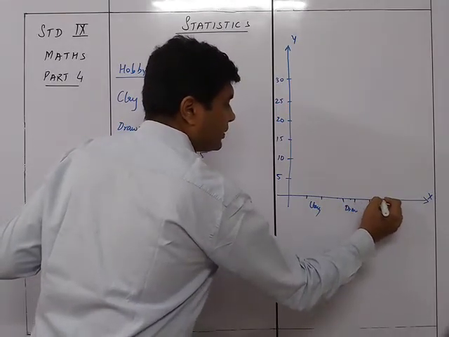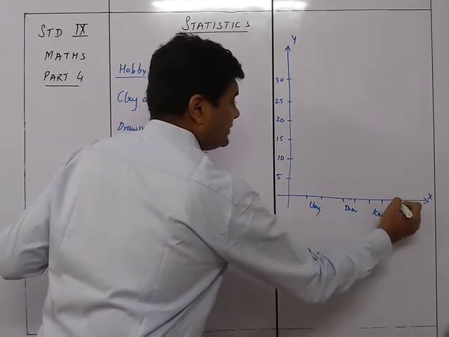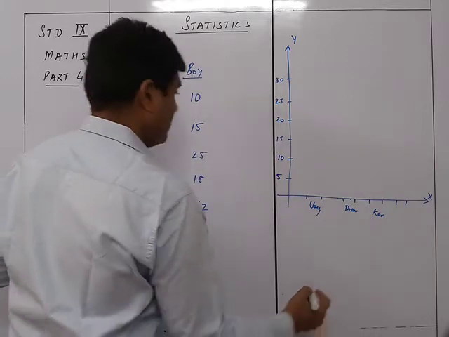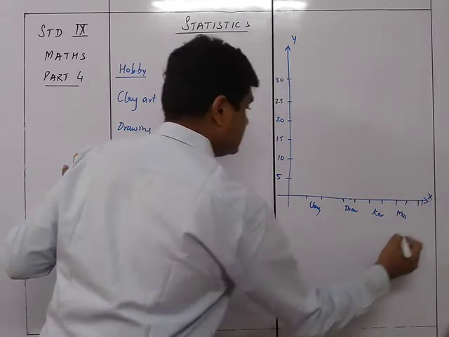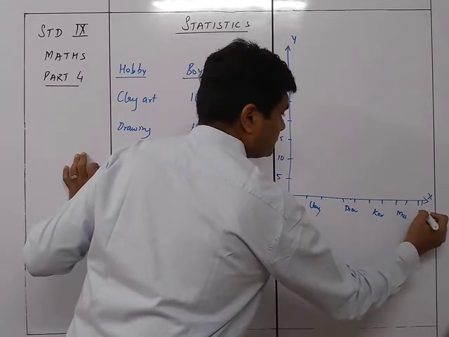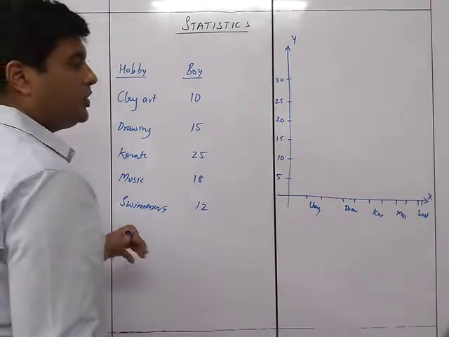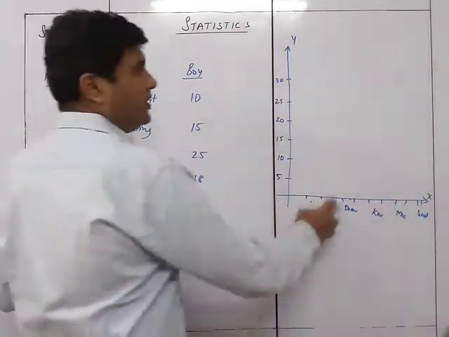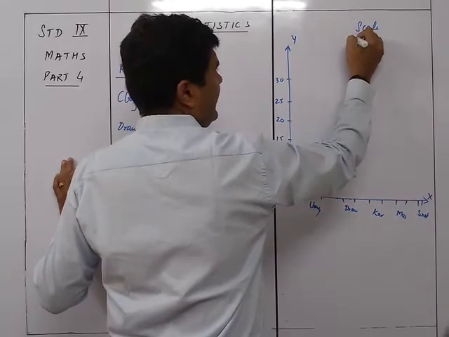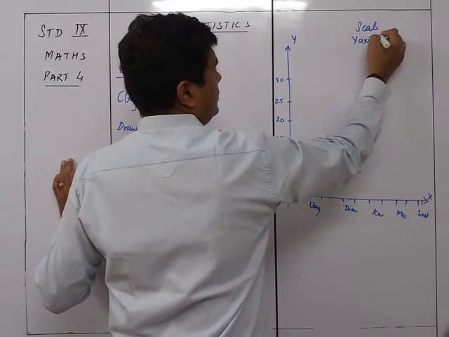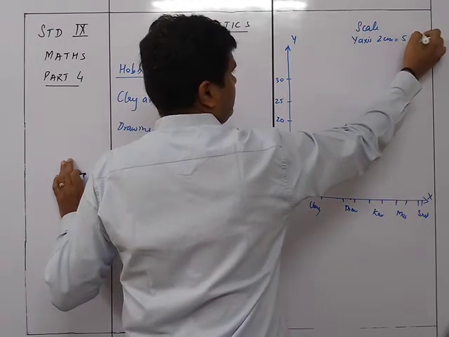Then it is for karate, then for music, and finally swimming. So we'll plot this. Over here we'll write the scale. The scale will be on the y-axis, 2 centimeters equals 5 boys.